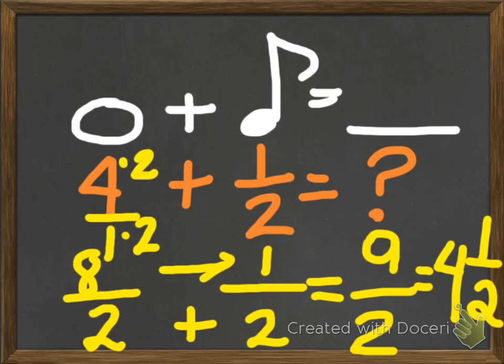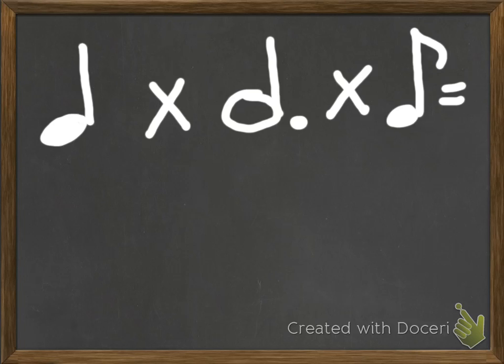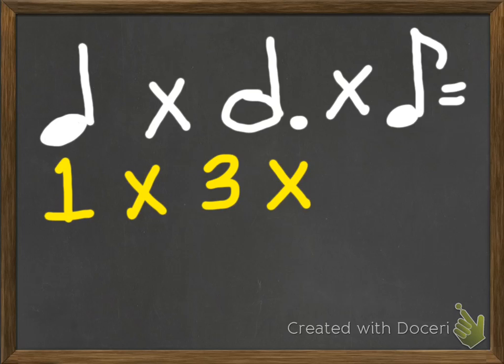Okay, let's try another one. Let's do some multiplication this time. Okay, so substitute: 1 times dotted half note is 3 times eighth note is 1/2.